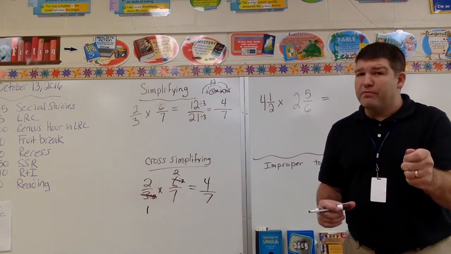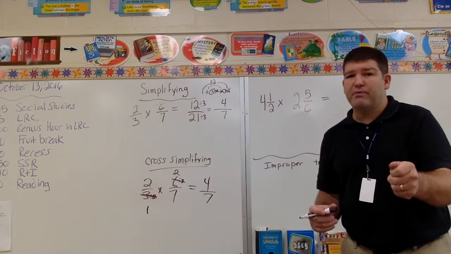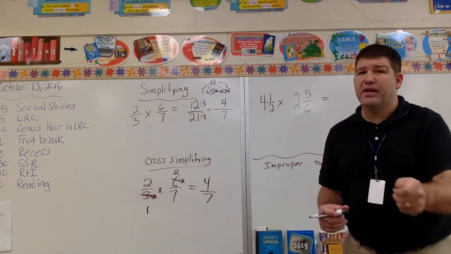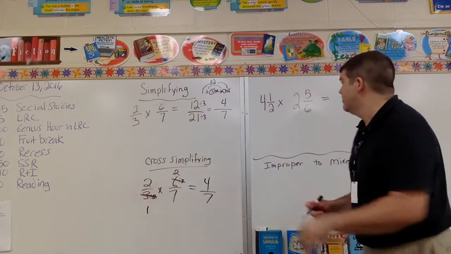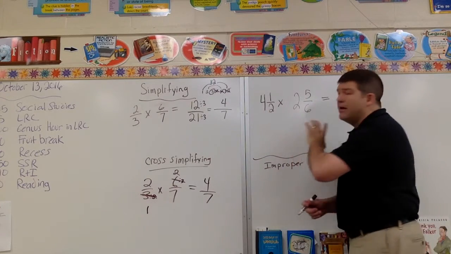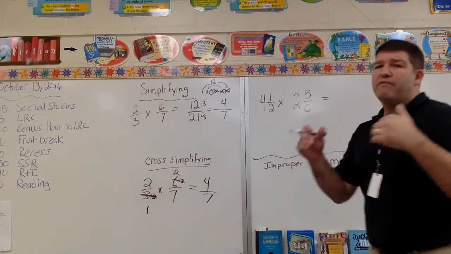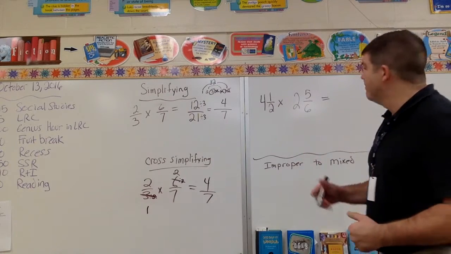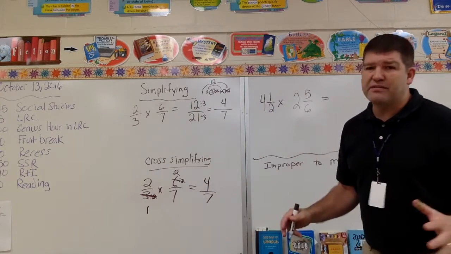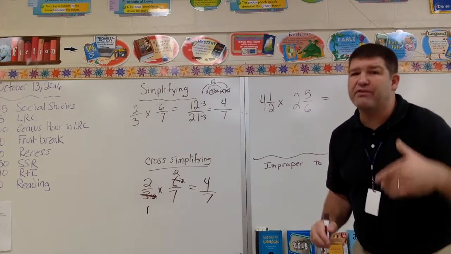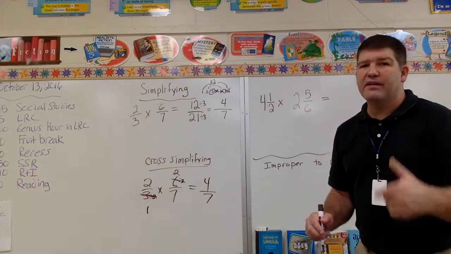It can be an improper fraction or a proper fraction, but it has to be a fraction. It can't be a mixed number. I don't want anything to do with whole numbers. I have a whole number here and a whole number here. I don't want that. So my very first thing to do is to change these to be just fractions. They're going to be improper, but they have to be fractions. Get them into fraction form.